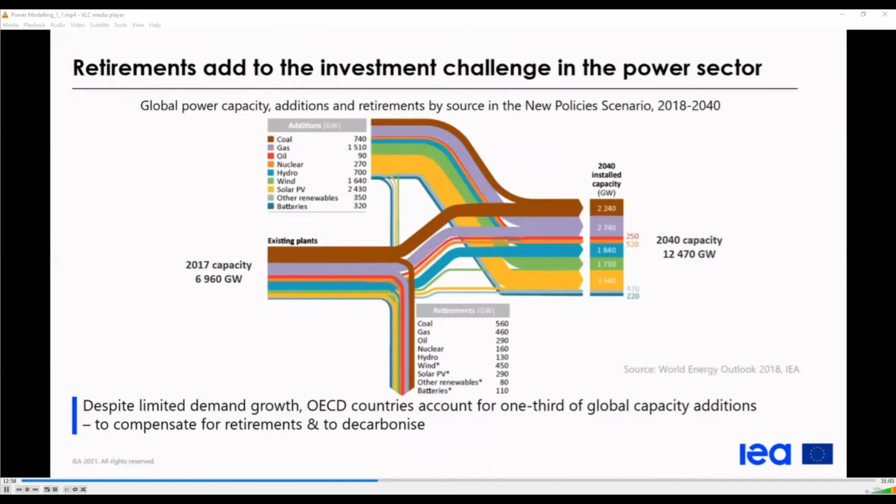So existing plants today will be retired in the future. And so new capacity additions will need to compensate for these retirements, and on top of that, increase to meet the new demand.